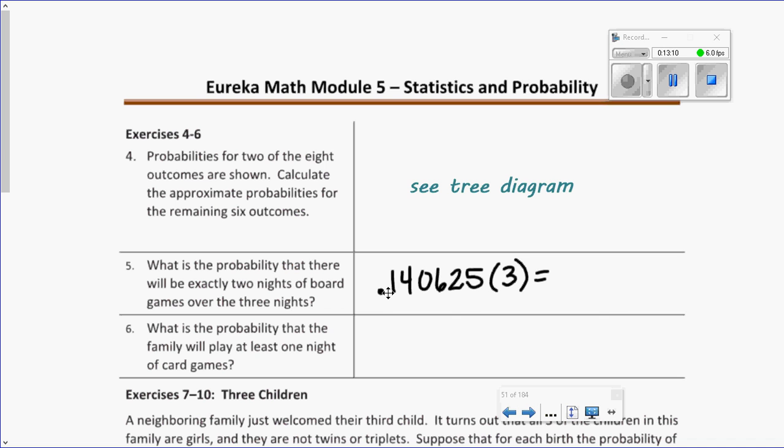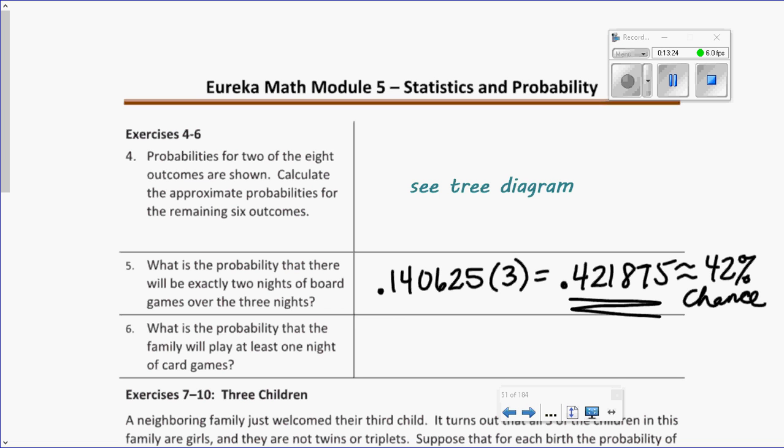So I can multiply by 3, and that's 0.421875, which means it's about a 42% chance. And you can leave it either way. We've talked about that in class. You can leave it in a decimal, you can leave it in a percent. That's okay either way.